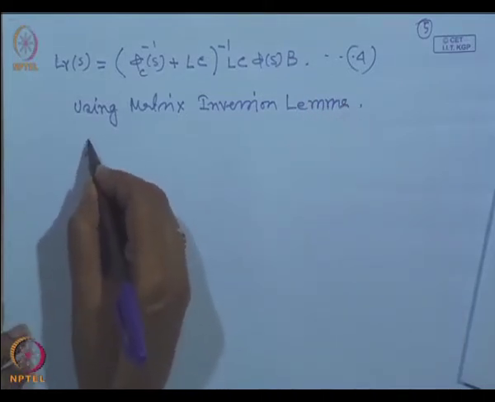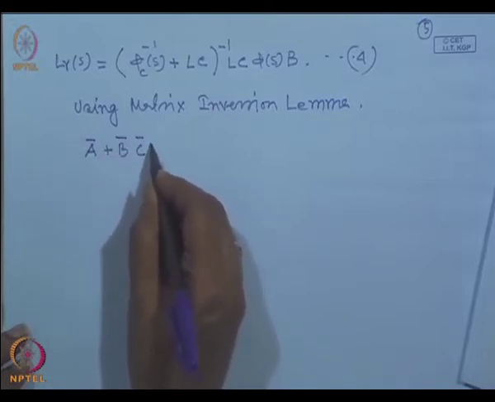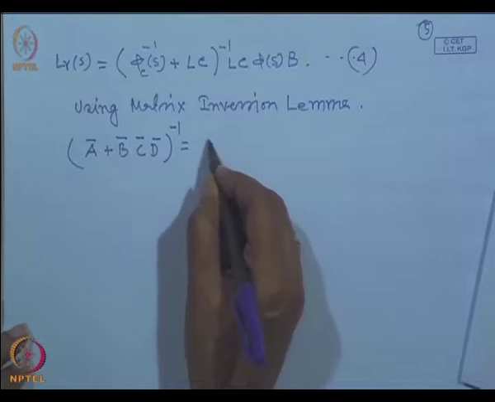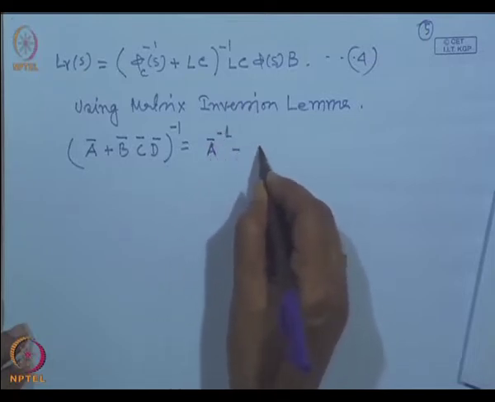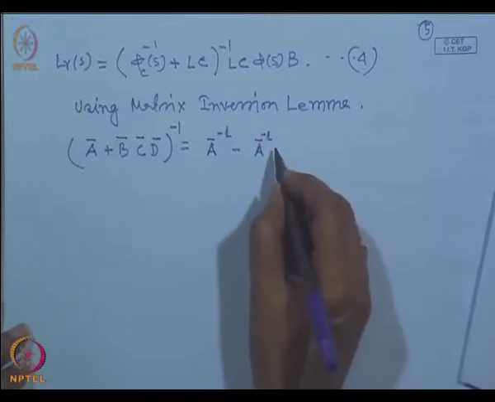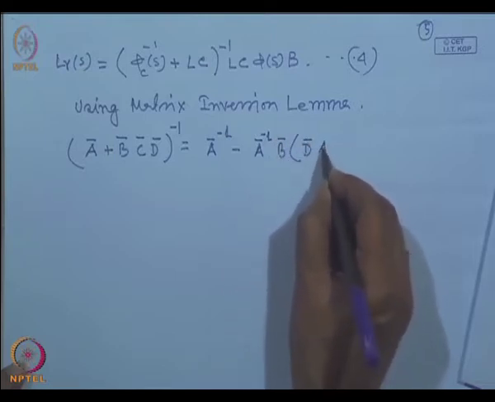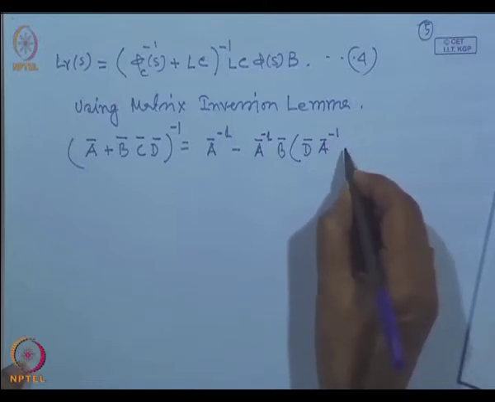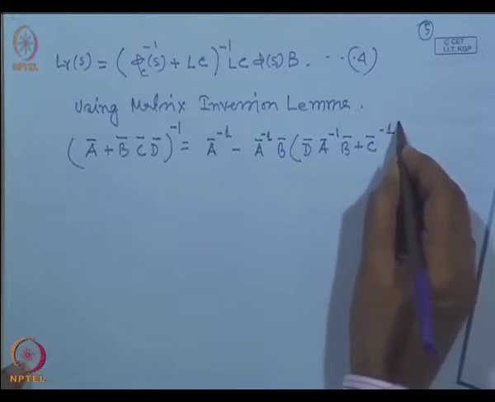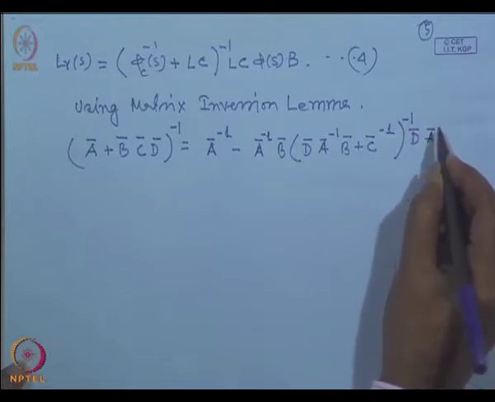Let us say we have matrices A bar, B bar, C bar and D bar. The whole inverse is equal to A bar inverse minus A bar inverse B bar, then D bar A bar inverse B bar plus C bar inverse, whole inverse, then D bar A bar inverse.